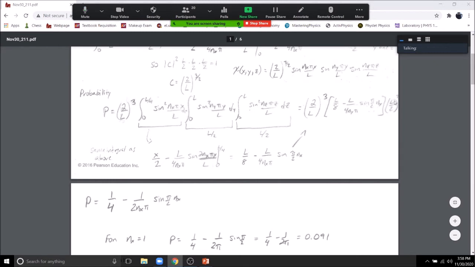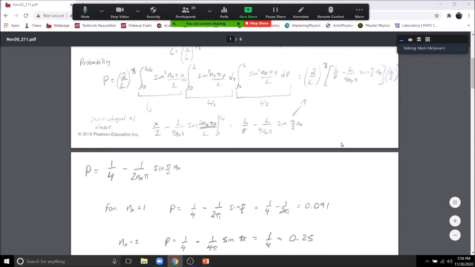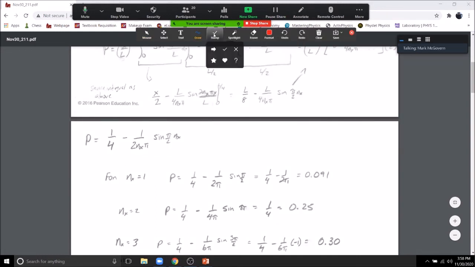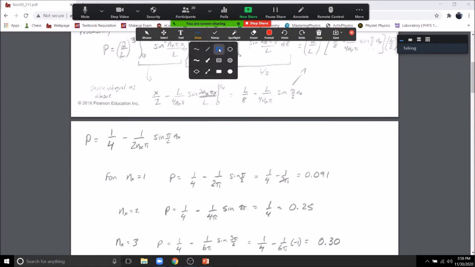This bracket here simplifies to this. When I multiply by the normalization constant and the L over 2 squared, I end up with this thing here for my probability. So just to be clear, we did the exact same procedure we did before to get the normalization constant, except we did one thing different.